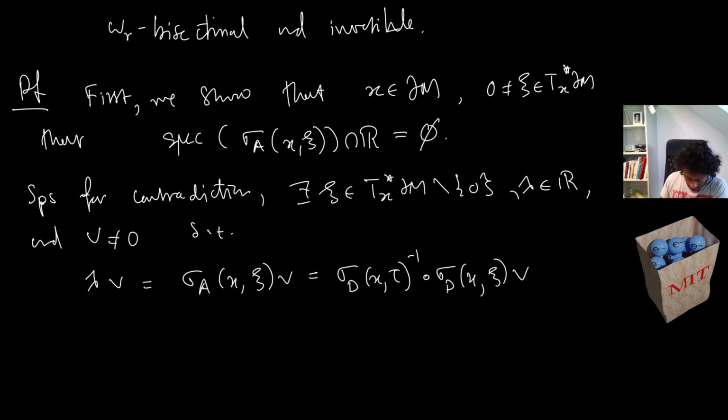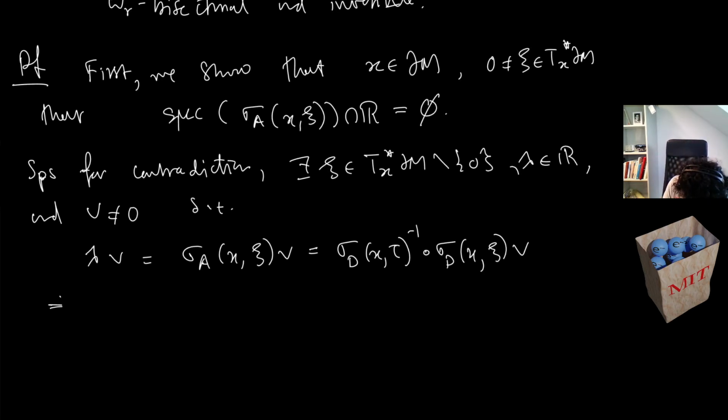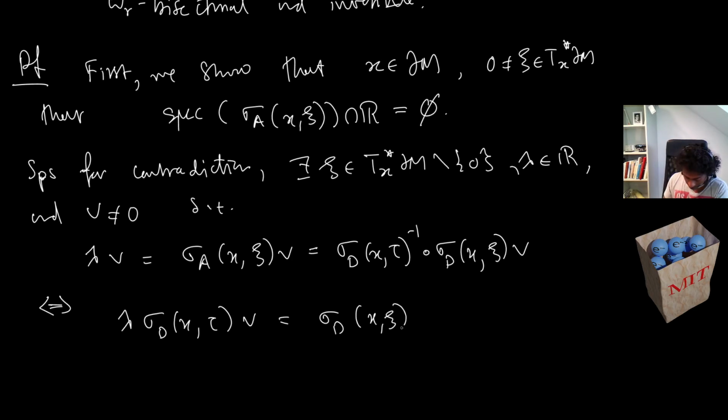Okay? So now we multiply both sides by the symbol in the tau direction. So we have lambda d_x tau V is equal to d_x psi V. Okay?